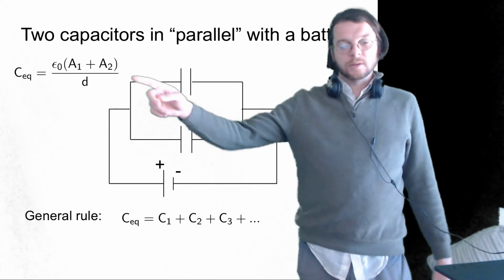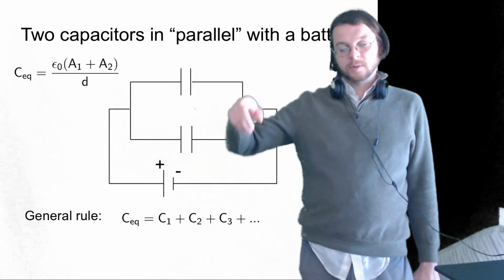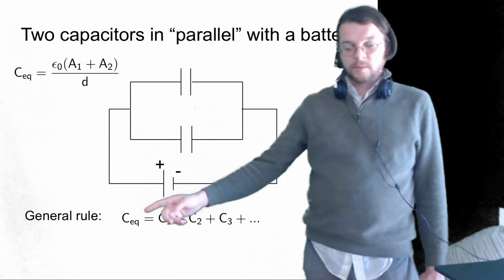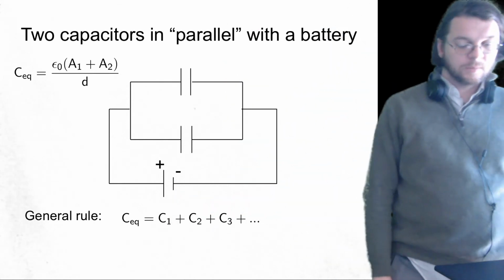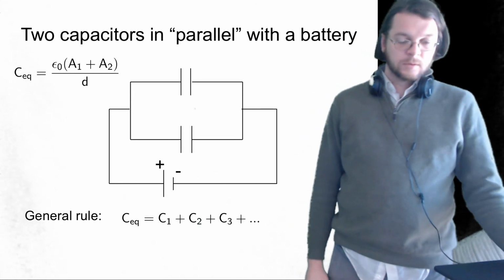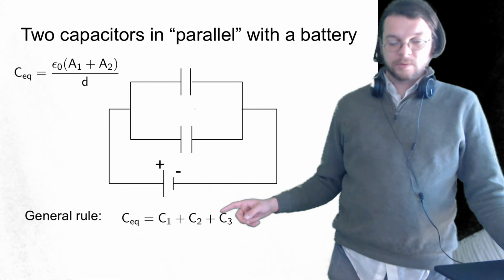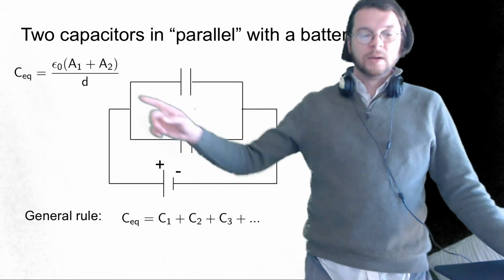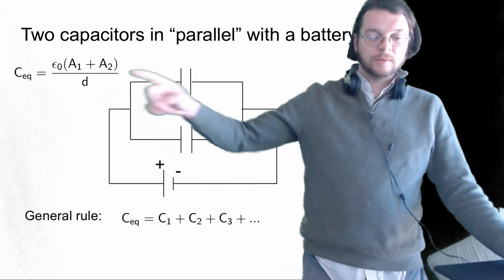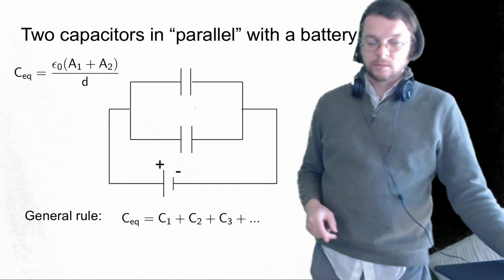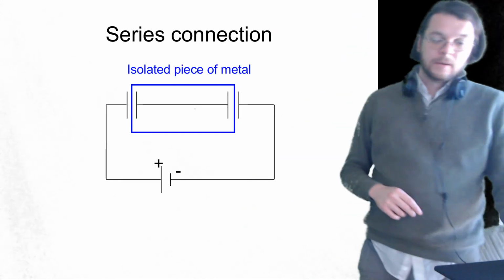This is for two capacitors. When you have multiple capacitors in parallel, the capacitance just gets bigger and bigger and bigger, it turns out. I haven't provided 100% justification for this rule, but hopefully I've convinced you that if the distances are the same, this is certainly what's happening.